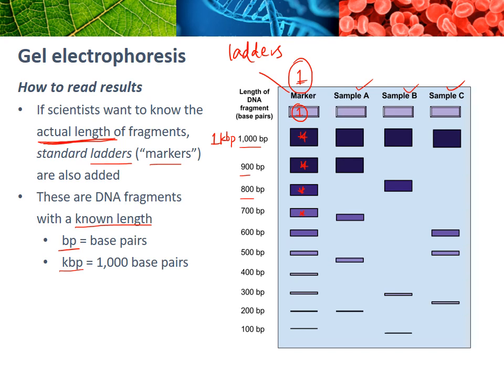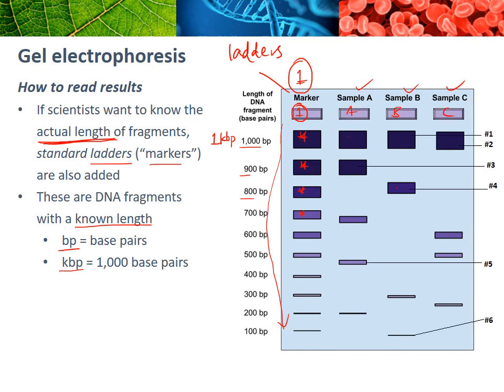They were all placed in there at the beginning, along with samples A and B and C, and the whole thing was turned on for a couple of hours and turned off. We know these are going to go out into this kind of format because we know how long they are. So what we're using this lane for is to estimate how long the fragments in the samples are.